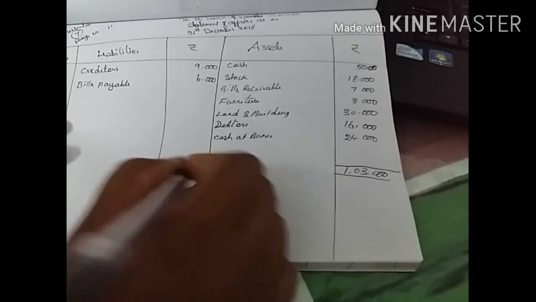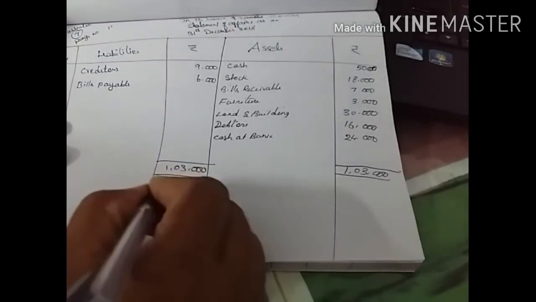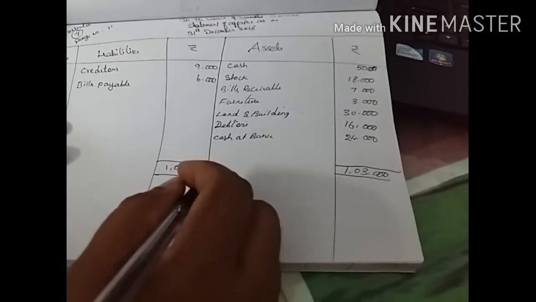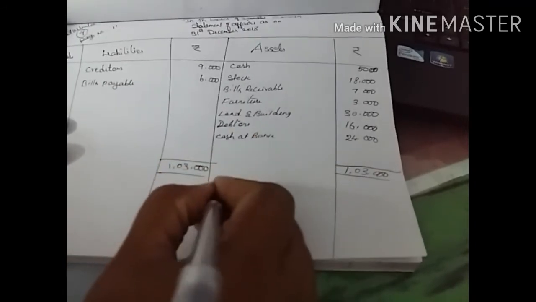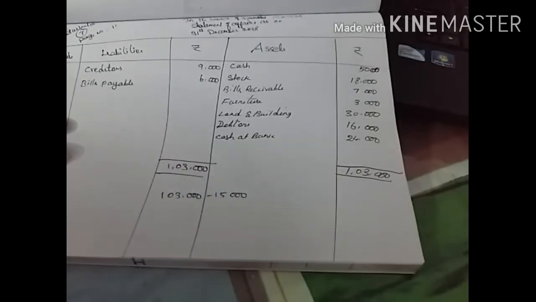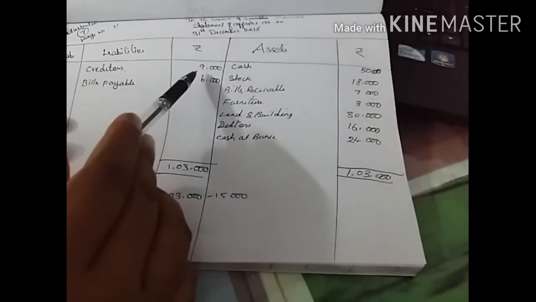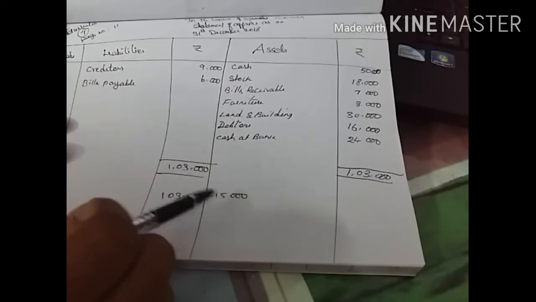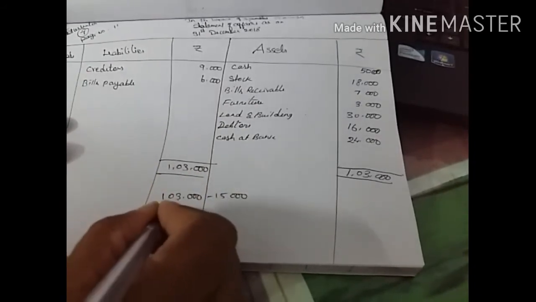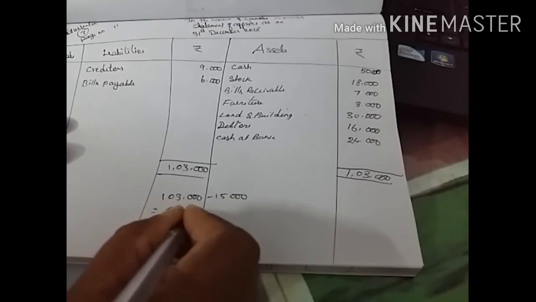So 1,03,000. From 1,03,000, I'm going to minus 15,000. How much am I going to minus? 15,000. 9,000 plus 6,000, I got 15,000. So 1,03,000 minus 15,000, I get 88,000.